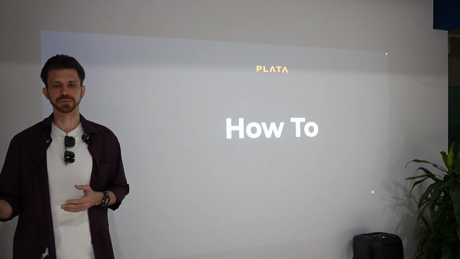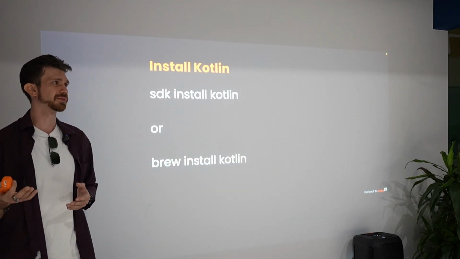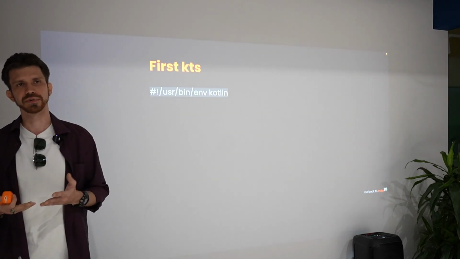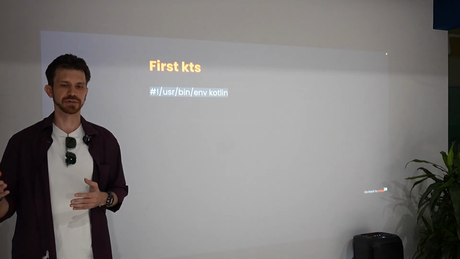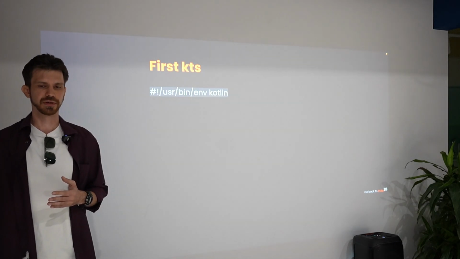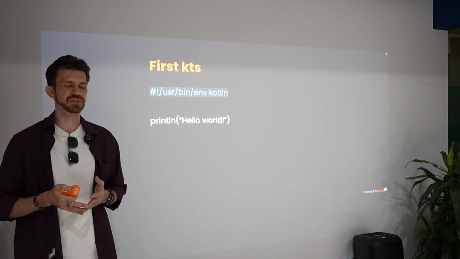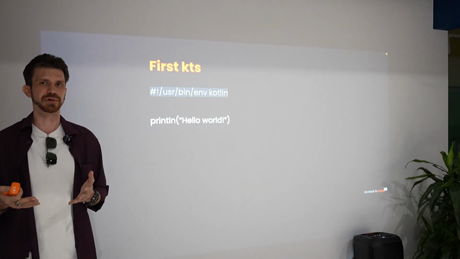So how would you write a Kotlin script? First of all, you should really install Kotlin. It's just that easy. We already saw it, but I'll tell you once again. We insert a special comment, which points out to our Kotlin environment, and we just write and run Kotlin code.